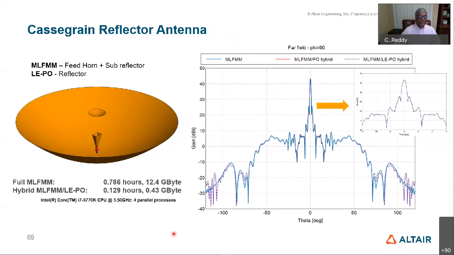This also gives you very nice coupling between the two without having to spend extra memory for the coupling matrix. So you can see that the all-MLFMM method that is completely solving the whole problem, the hybrid method that is taking the coupling matrix into account, and the iterative method, all three seem to agree quite well.